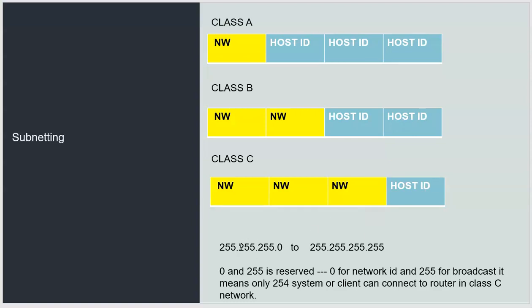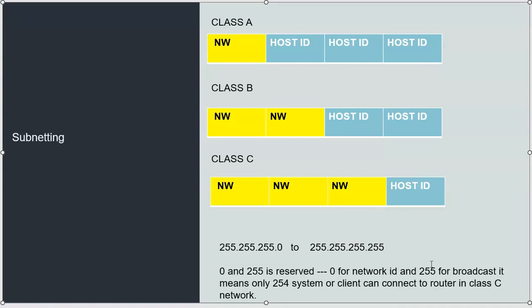As we can understand in class C, the three network octets are 255.255.255, and the host ID can be between 0 and 255, but two are reserved. 0 and 255 are reserved, because 0 is for the network ID and 255 is for broadcasting information.